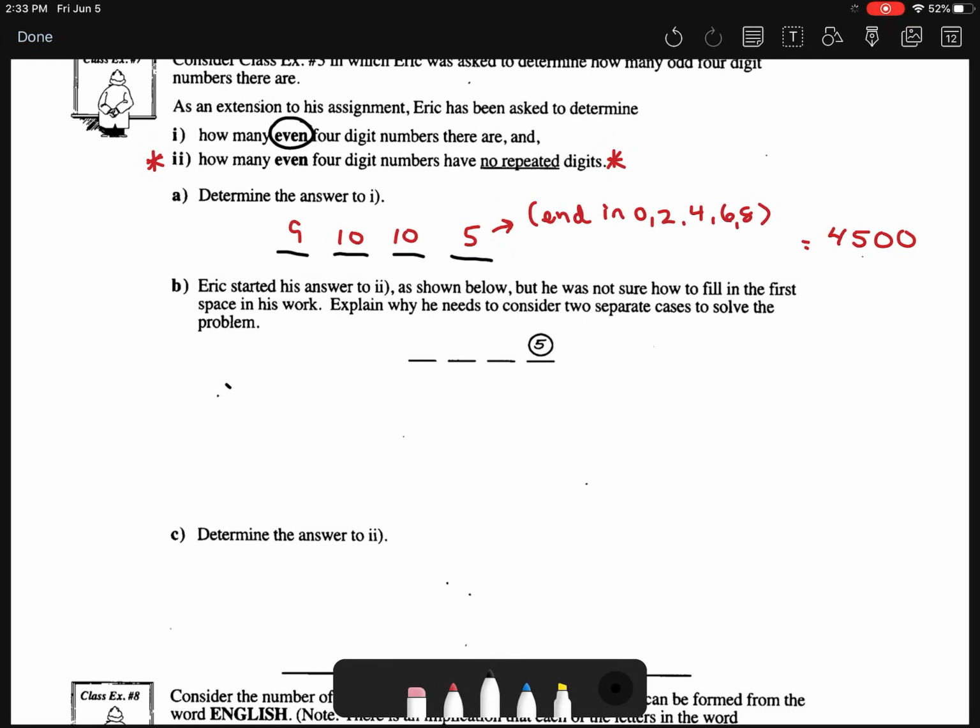So I have to basically, and I'll write it here, I have to consider 2 cases. Case 1, my number ends in 0. And case 2 is it does not end in 0. Okay, so there are my 2 options.